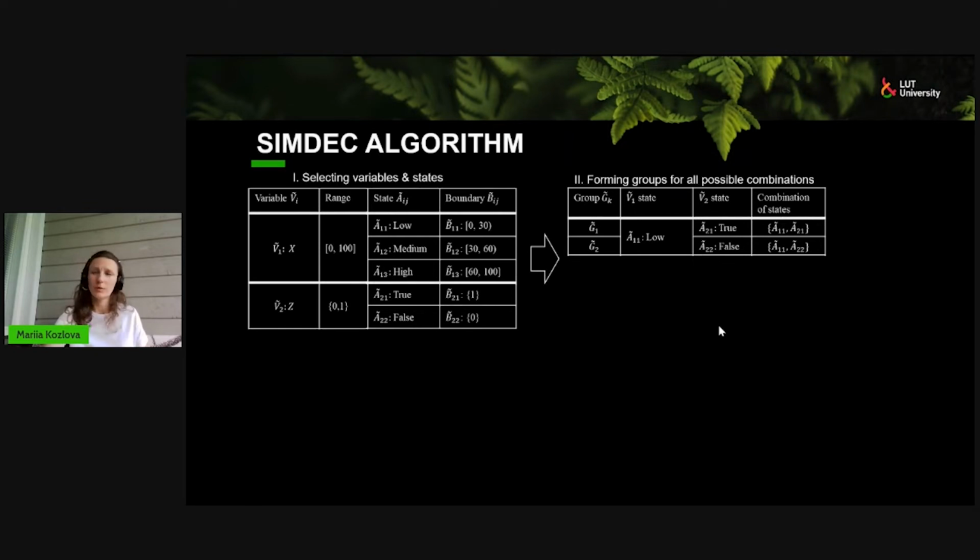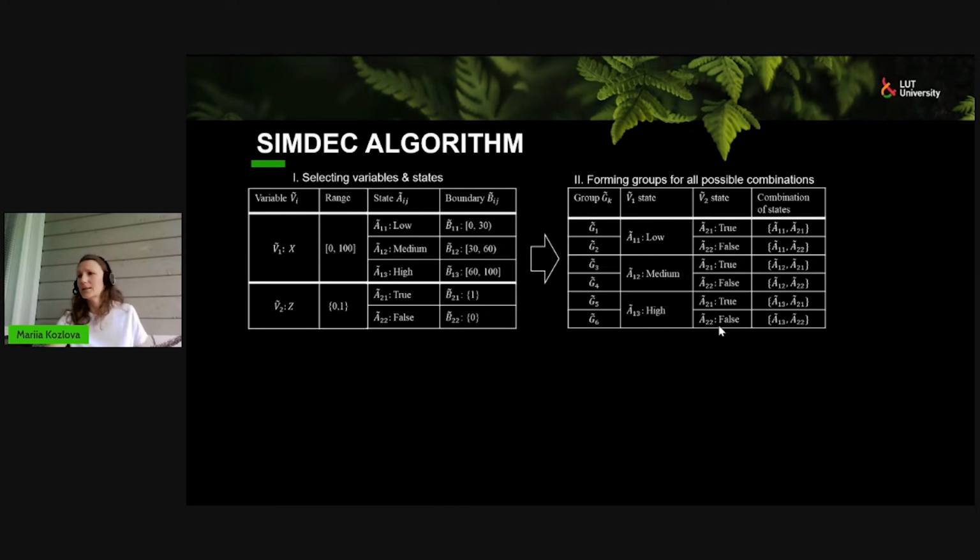Then we construct all the combinations of those by forming groups or scenario compositions. This way, for x being low, we check both true and false for z, and then the same way for all the other states, and thus we have all the combinations of those states and a group index attached to each of them. And then, when running Monte Carlo simulation and varying all those inputs, we record not only outputs but also input values.